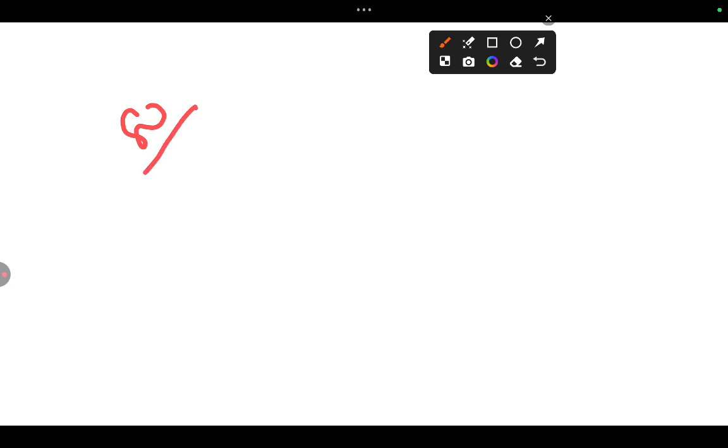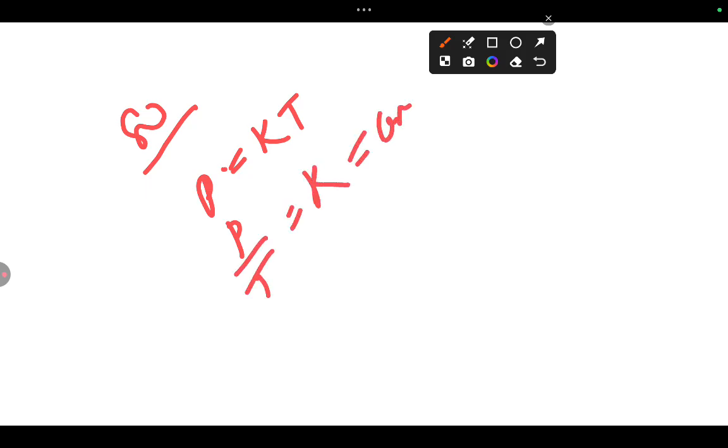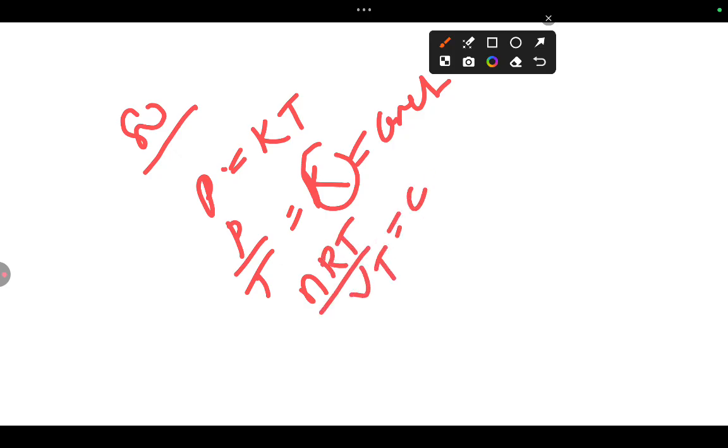Coming to the same thing in the IIT question, I will give one more key here. Generally the question is P equal to KT, so P by T equals K, which is nothing but constant.